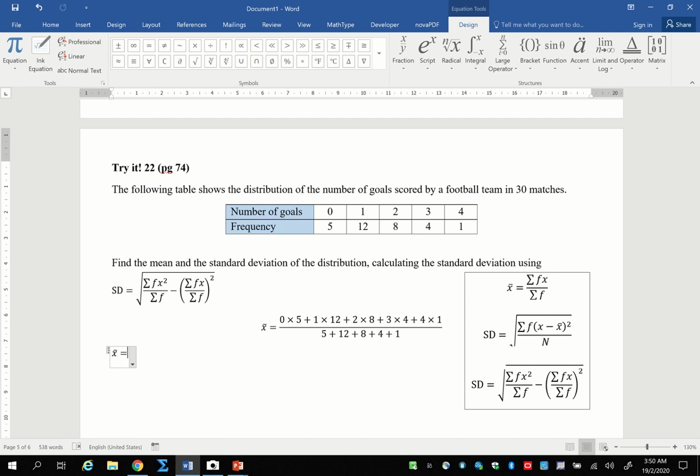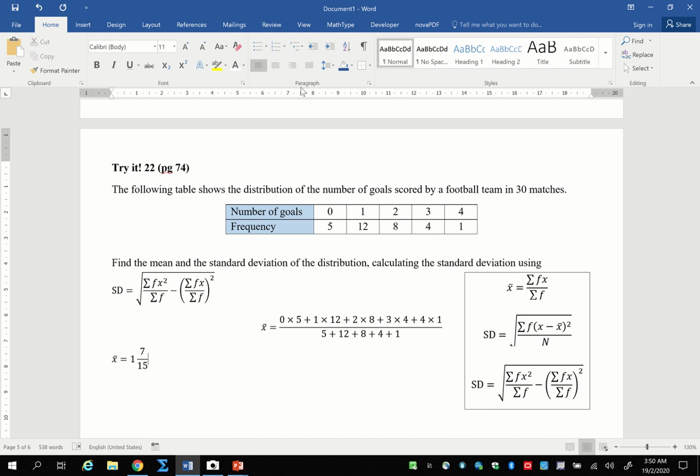So you have altogether 1.466666. If you want to change it to a fraction, we have 1 and 7 over 15 goals. So that's quite straightforward, I guess.